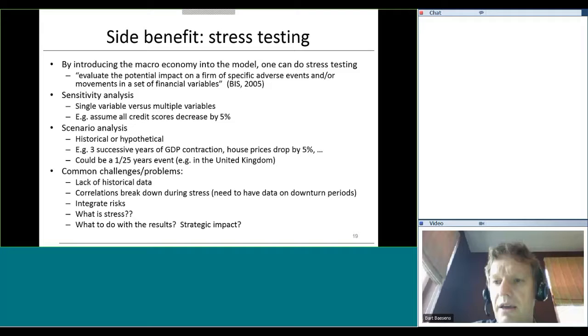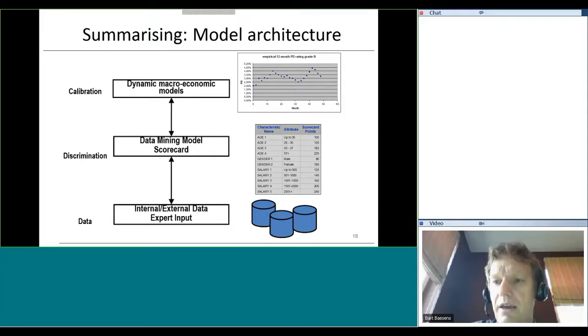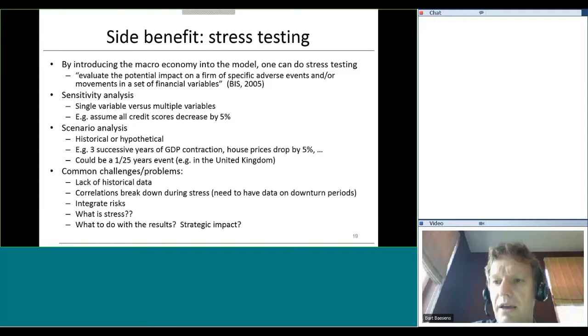A scenario is a set of factors that you will simultaneously assume to happen together. So a scenario could be here that you assume everybody's income drops by 10%, and at the same time, all loan-to-value ratios will increase by 15%. How would this affect the PDs, LGDs, and EADs, and so on?